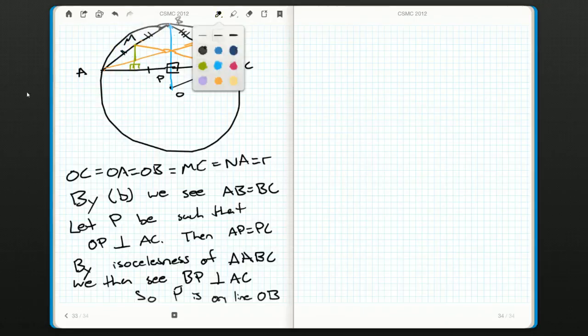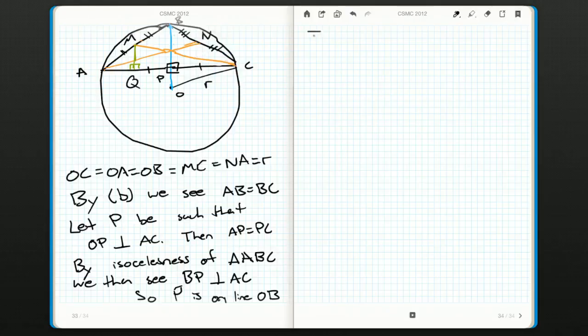We'll call it Q. Because that gets us another right angle triangle with CM there. Okay. So I know OB is also equal to R. I don't have room to write it in here.